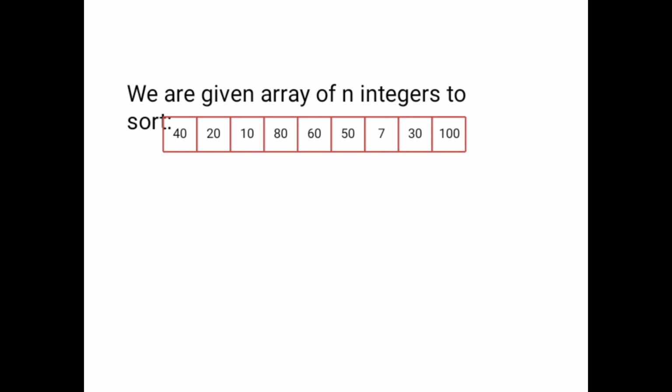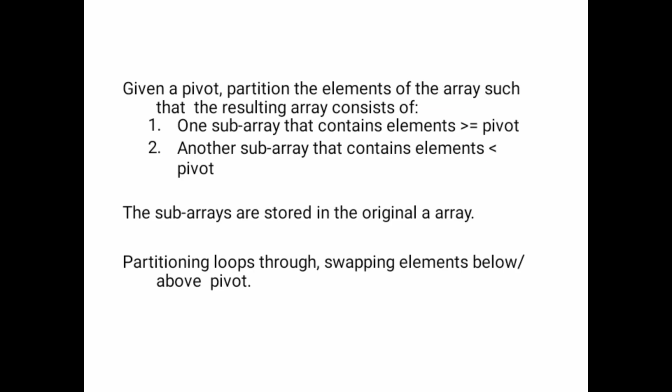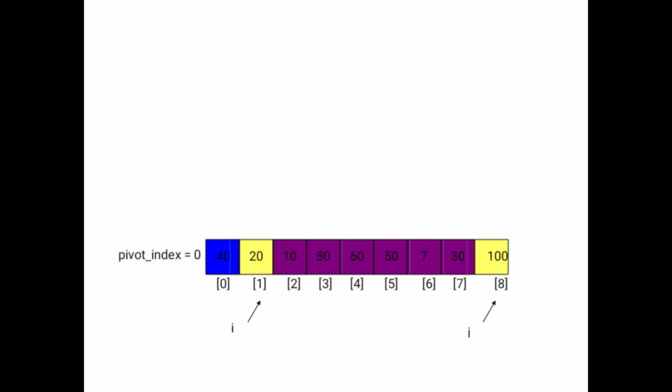The first element, that is 40, is chosen as the pivot element, and after the implementation of this quicksort, the resulting array consists of one subarray with elements greater than or equal to the pivot, and another subarray that contains elements less than the pivot. The subarrays are sorted in the original array, partitioning loops through swapping elements below and above the pivot.